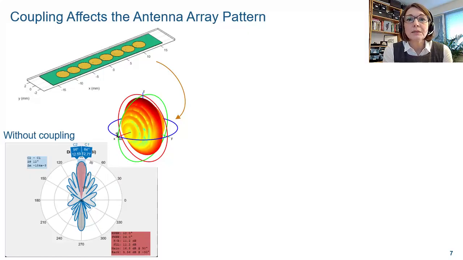And then we use pattern superposition or the array factor to compute the pattern of the entire array. We see a big lobe pointing up at 90 degrees elevation with a directivity of 16.8 dBi. We also see several side lobes with very well-defined lobes and nulls.